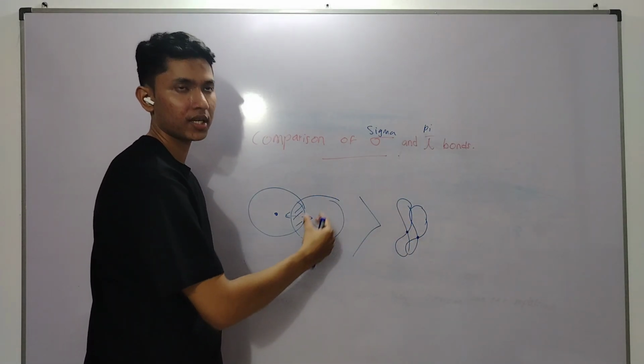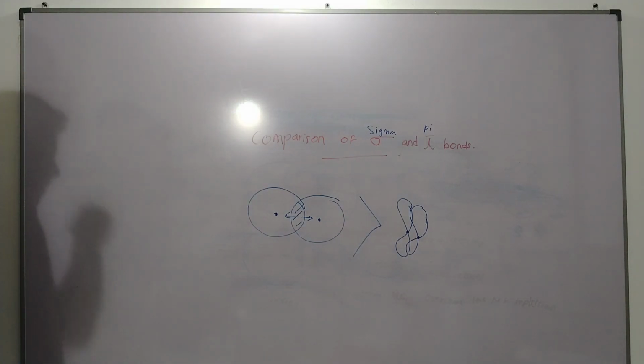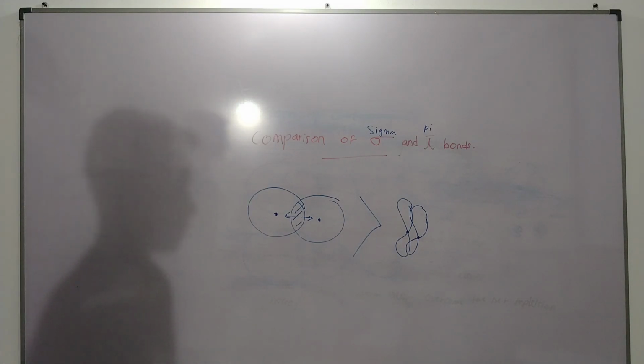Therefore, sigma bonds are stronger than pi bonds.